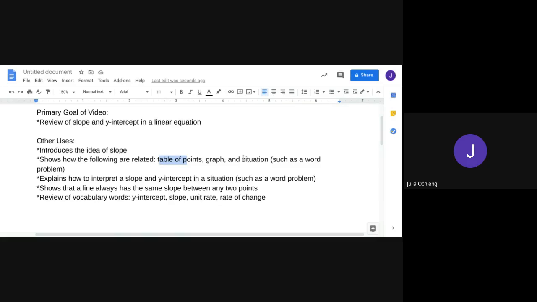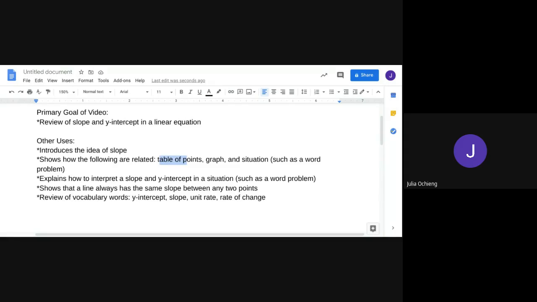A situation is very similar to a word problem. It also explains how to interpret a slope and y-intercept in a situation, such as a word problem. It shows that a line always has the same slope, no matter which 2 points you choose on the line. And it reviews the vocabulary words y-intercept, slope, unit rate, and rate of change, among other things.